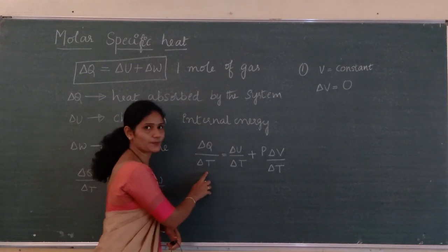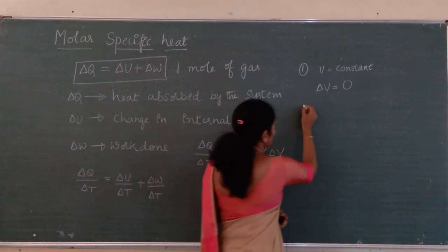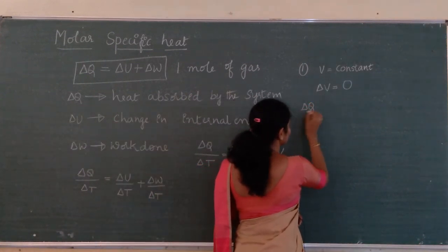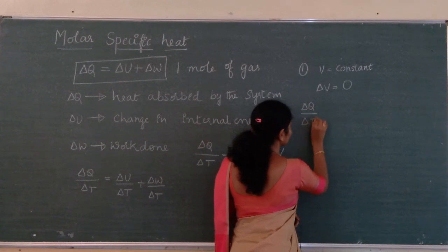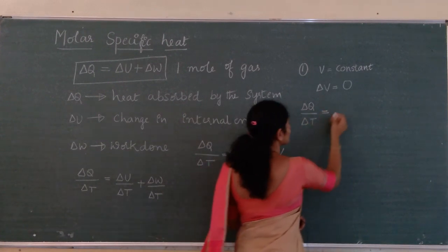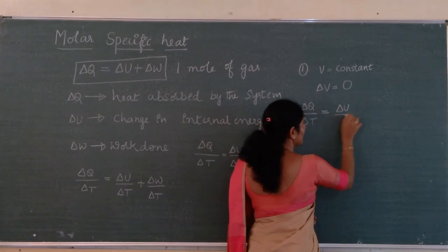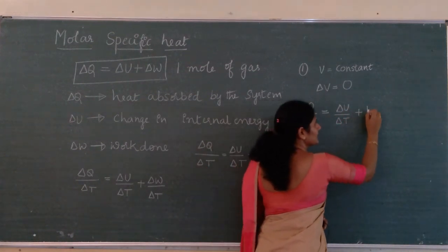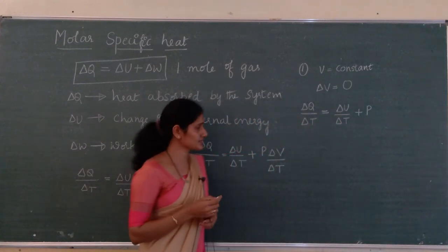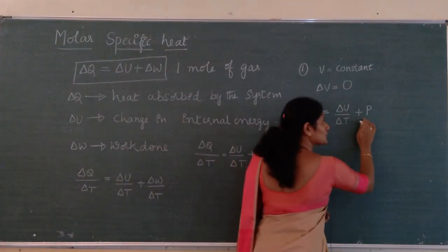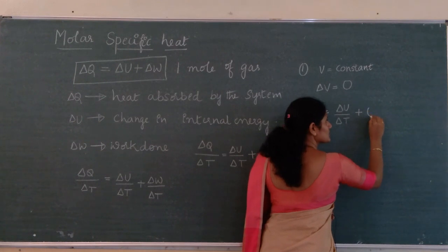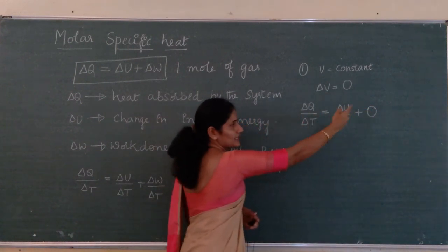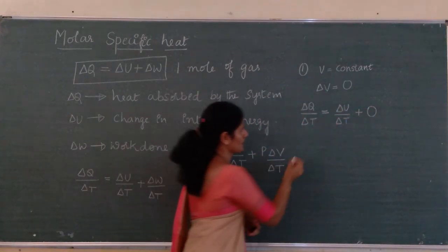Now this expression becomes delta Q by delta T is equal to delta U by delta T plus P into delta V, which is 0. 0 into P is nothing but 0, so the second term becomes 0.